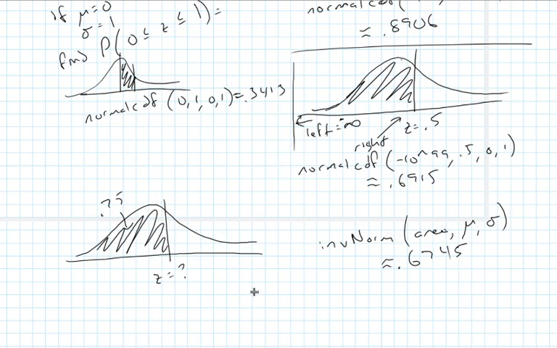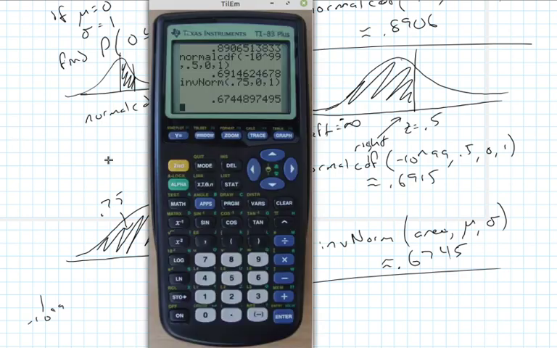And if you wanted to verify this, just to make sure that these actually do go the opposite way, if this is z equals 0.6745, and then I said the area between negative infinity, or negative 10 to the 99th, and z equals 0.6745, that should give me 0.75. So I'm just going to quickly verify that.